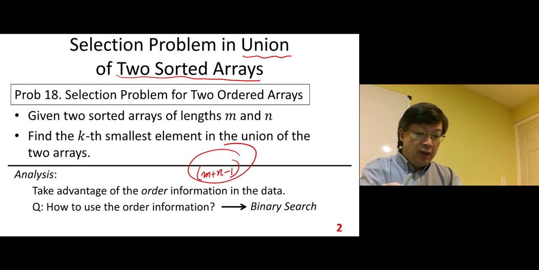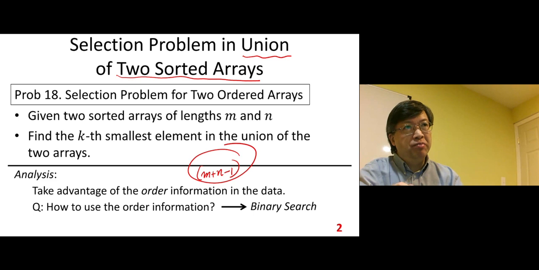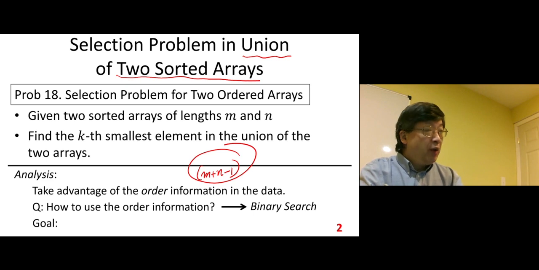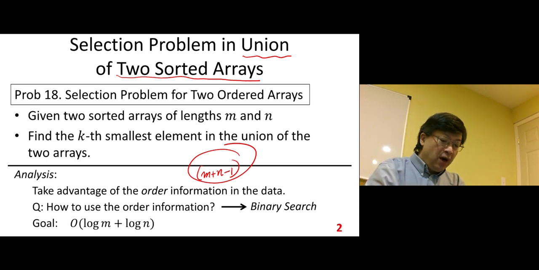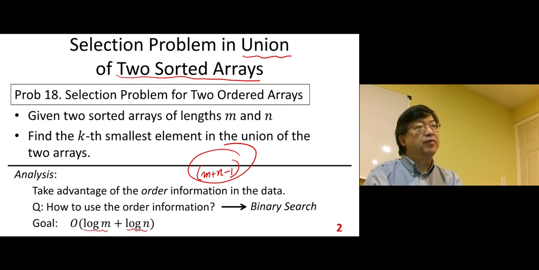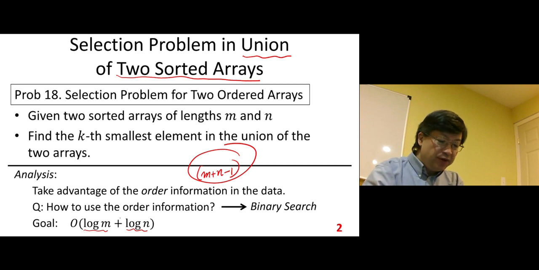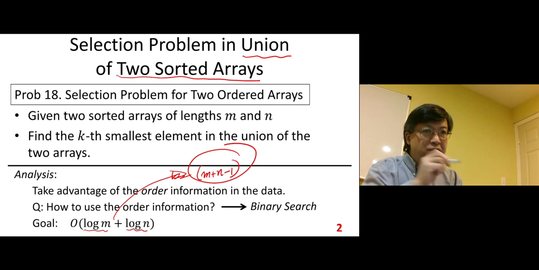But if you use a binary search based method, we can get a log base 2 function. That would be better. So we set our goal: big O of log of m plus log of n. You can see this goal is much better than that merge-based solution.